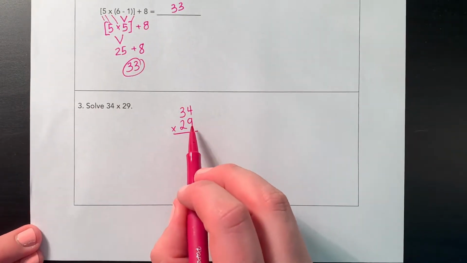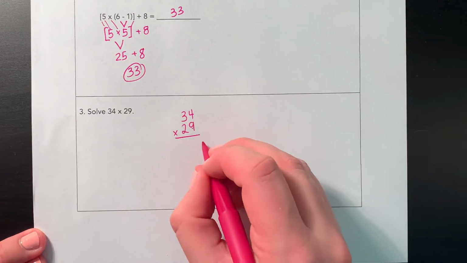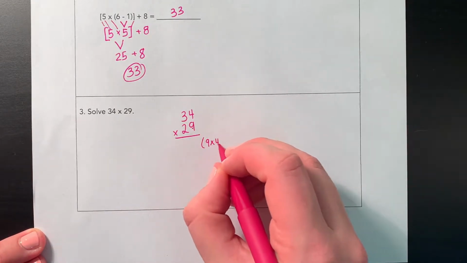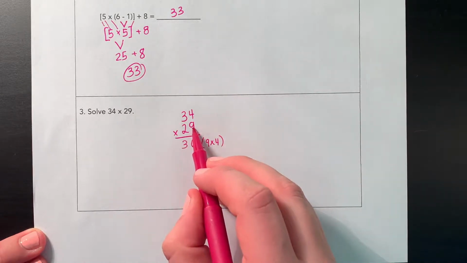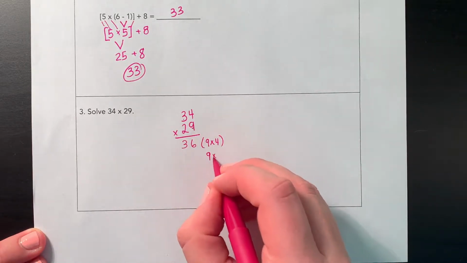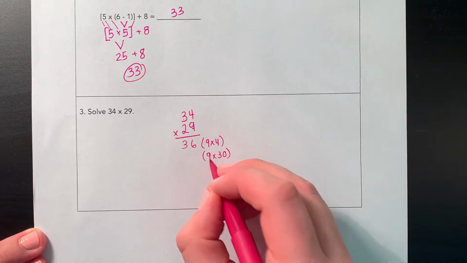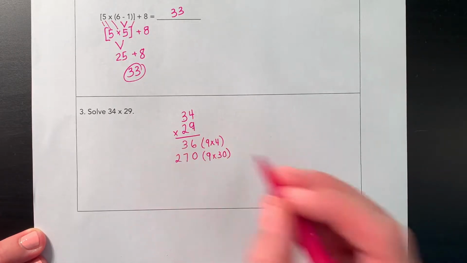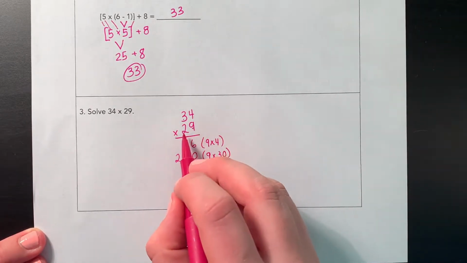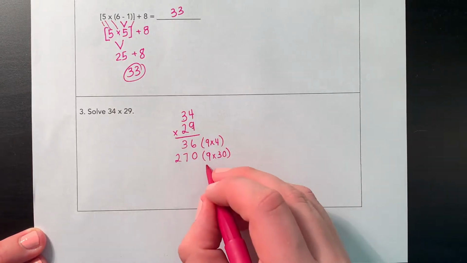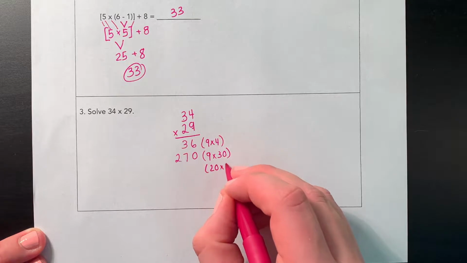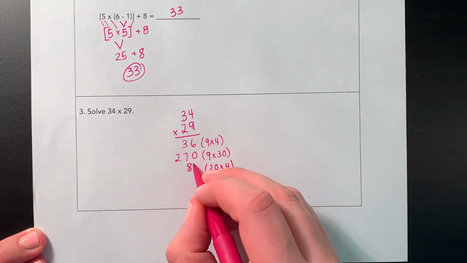So my first step is going to be 9 times 4. And that's 36. Then 9 times 30. And that's 270. Then I move over to the 2, and the 2 is in the tens place, so that's 20 times 4. And that's 80.